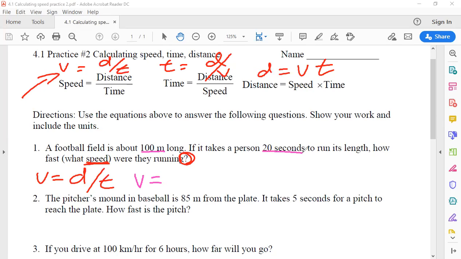We need to put distance on top. The distance is going to be 100 meters. Then the time is going to be this amount here, and we're going to put that on the bottom. I wrote D, I meant to write 100. Time is 20 seconds.